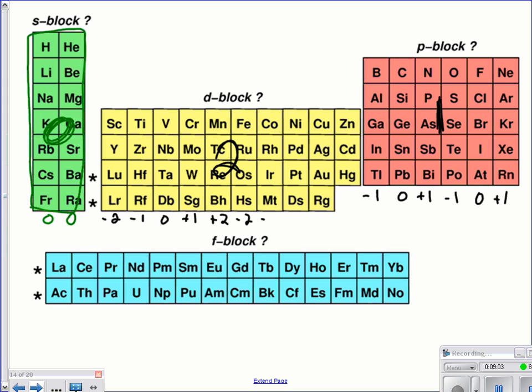And we repeat it. And same thing with our F block, which is equal to 3. It's going to be anywhere from negative 3, negative 2, negative 1, 0, plus 1, plus 2, plus 3. And then we'd repeat it.